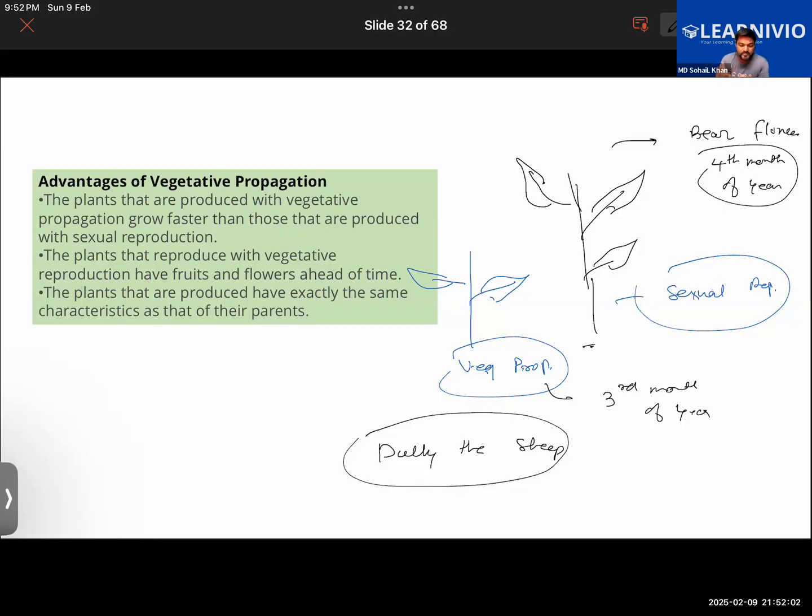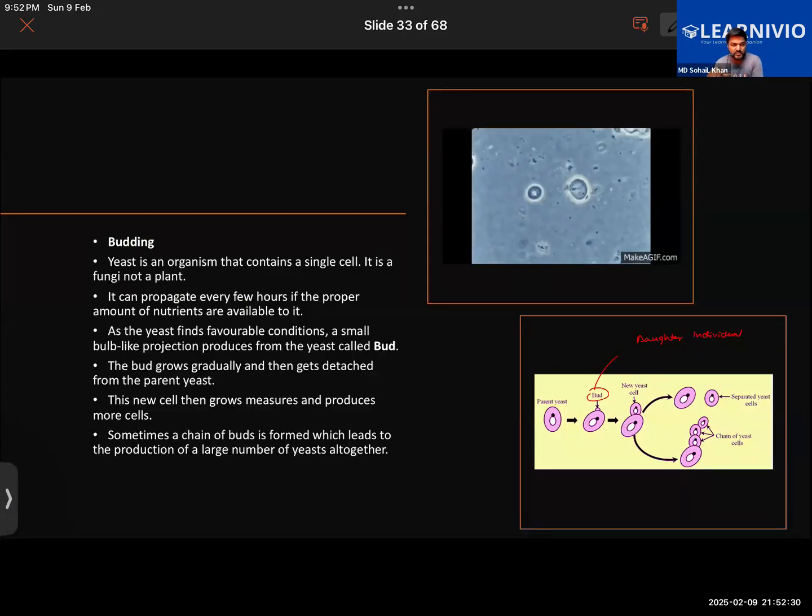So when cloning was done for Dolly the sheep, the sheep was identical to her parent. Getting it? She had the same characteristics, same color, same size of the body and all that when she grew. So everything was the same. Same is the case with the plants grown by the vegetative propagation method.